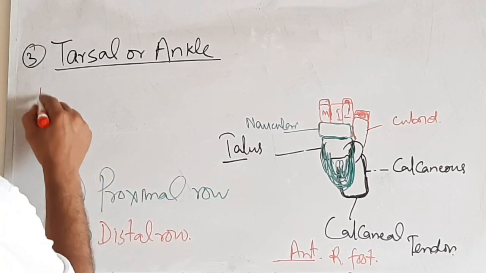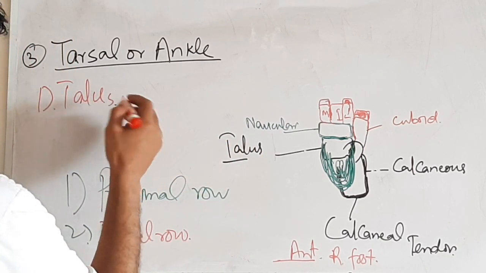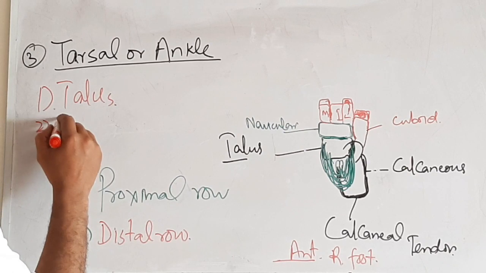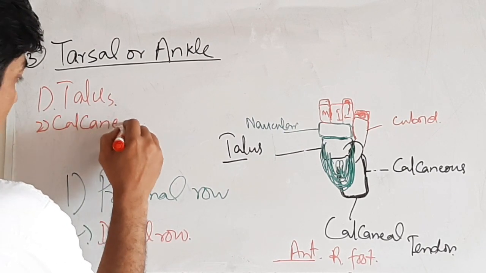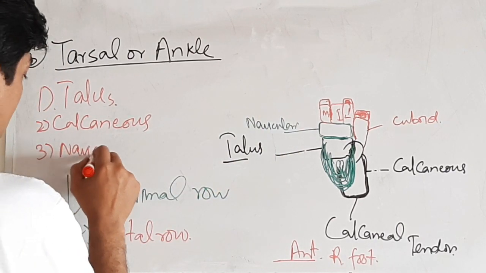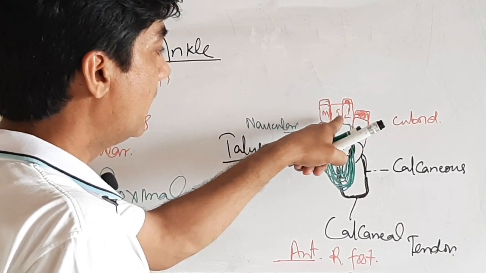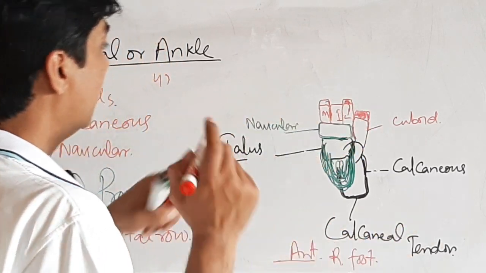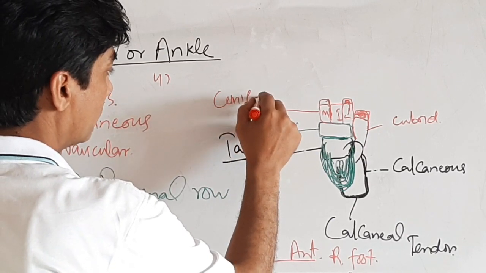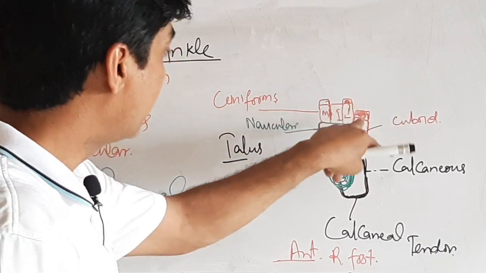One is talus, second is calcaneus, third is navicular, fourth is the medial, intermediate and lateral cuneiform bones.